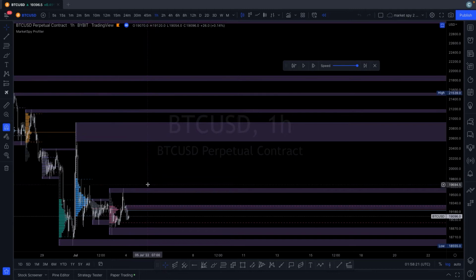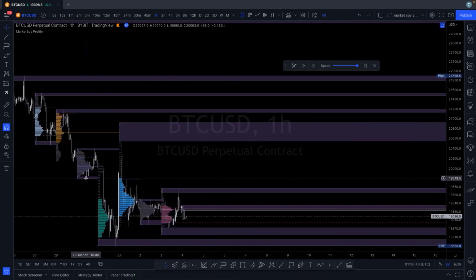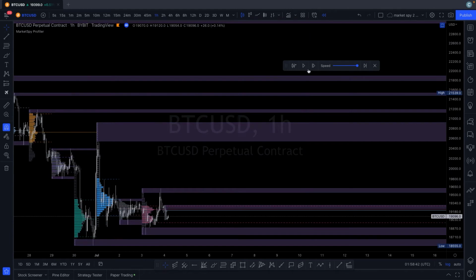And the interesting thing about these levels is there's tons of liquidity there. So price isn't going to chop into this area. It's either going to need volume to explode through it, or we're going to go up into it and then get rejected swiftly.